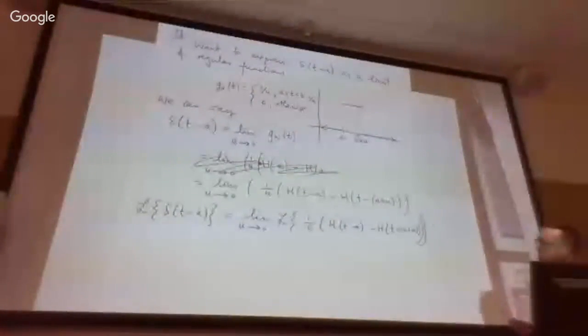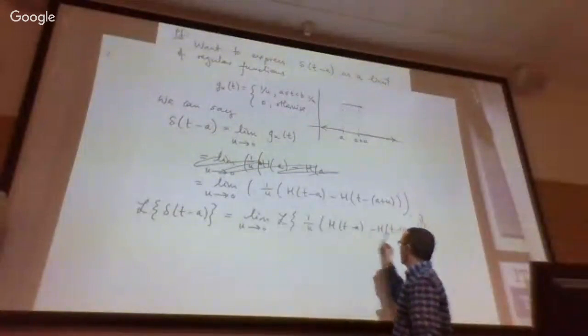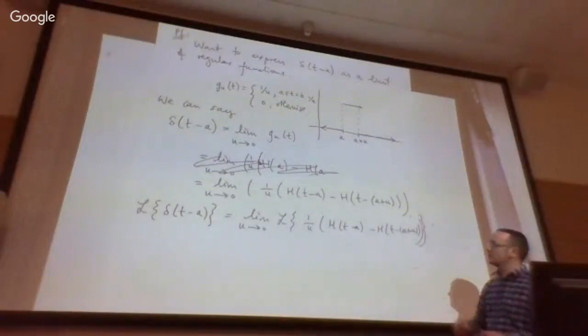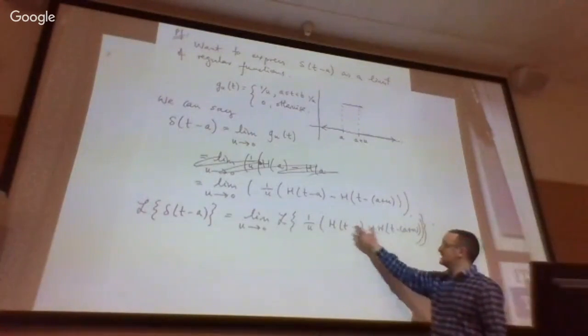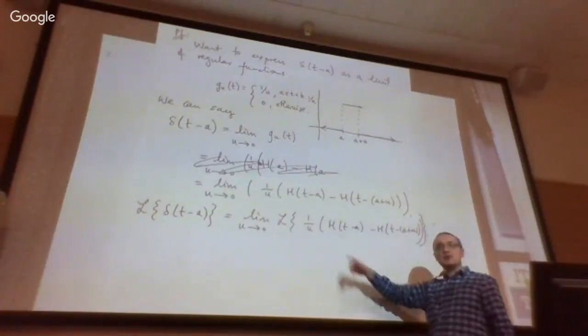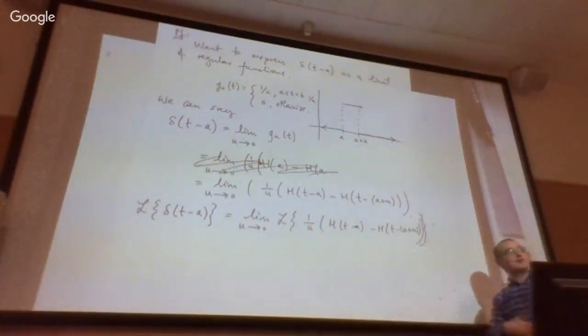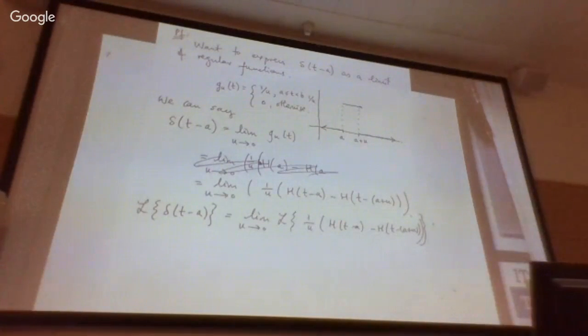But then this Laplace transform we can handle well enough because look, it's just a linear combination of Heavisides. And we already know what the Laplace transform of an individual Heaviside function is, because we just proved it a couple of theorems ago.